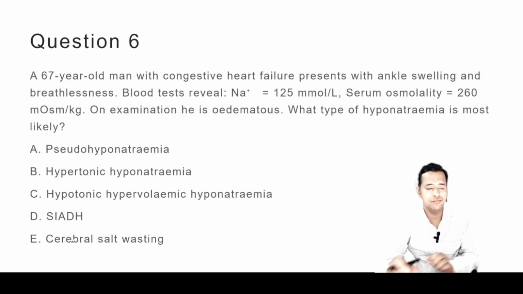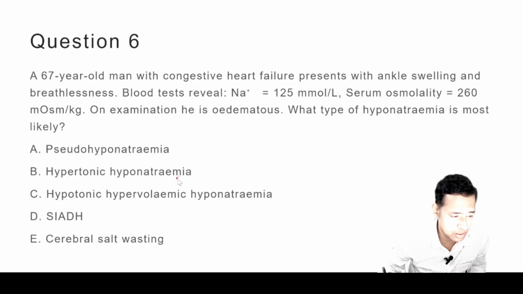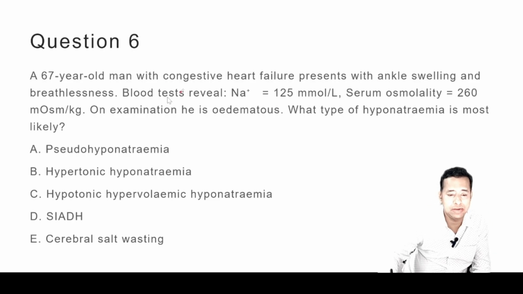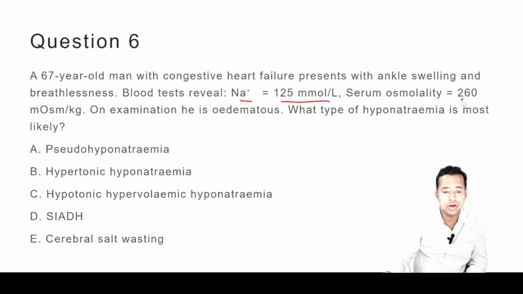Question 6: we have a 67-year-old man with congestive heart failure who presents with ankle swelling and breathlessness, and blood tests reveal sodium is 125 and serum osmolality is 260. On examination he is edematous.